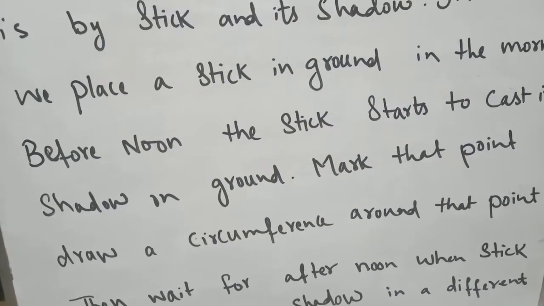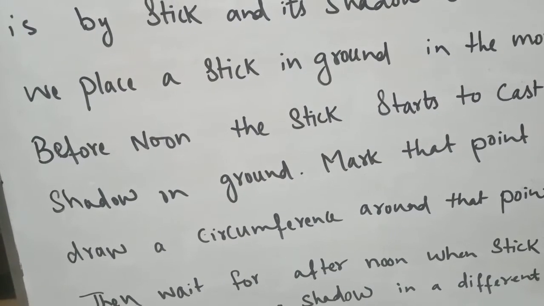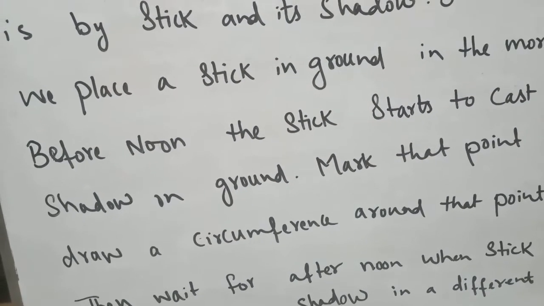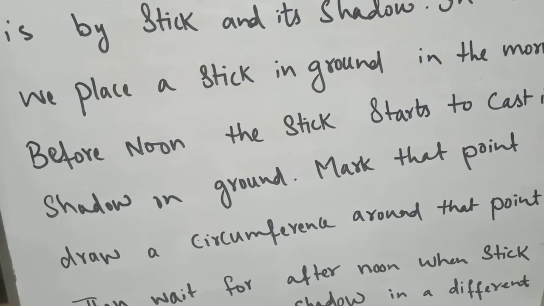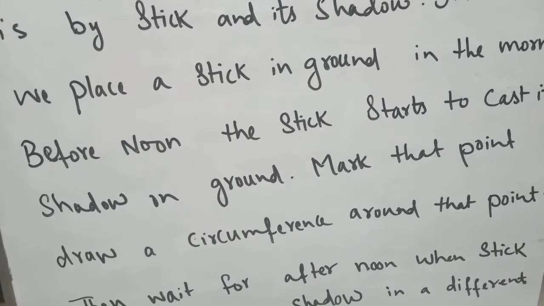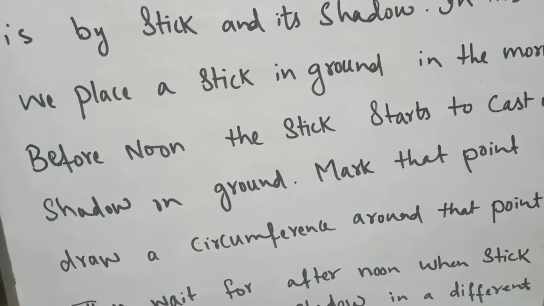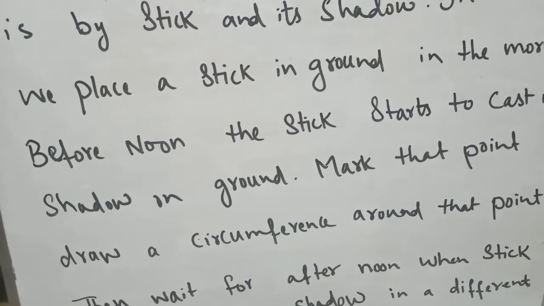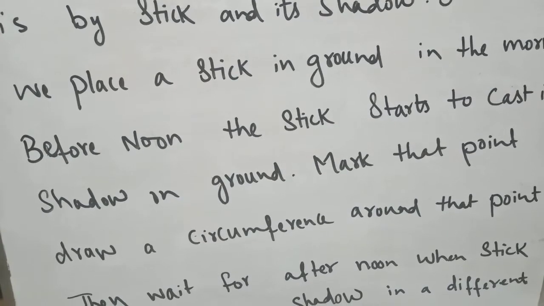When we placed the stick in the ground, at noon the sun was at a right angle to the stick, and then it started to cast a shadow, and we marked that point. That first point could be taken as the east direction.